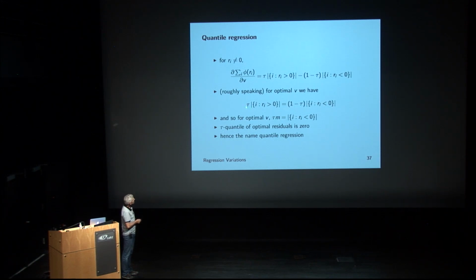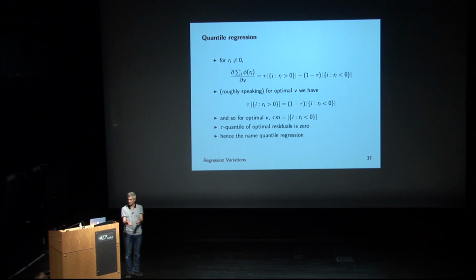What that means is, if m is the total number of residuals, then tau times m is going to be the number of negative ones. And this says that when you do this, the tau quantile of the residuals is 0. And that's why this is called quantile regression. This is exactly like least squares regression.